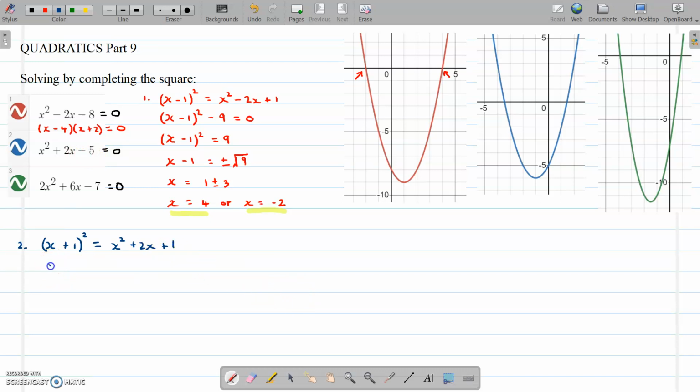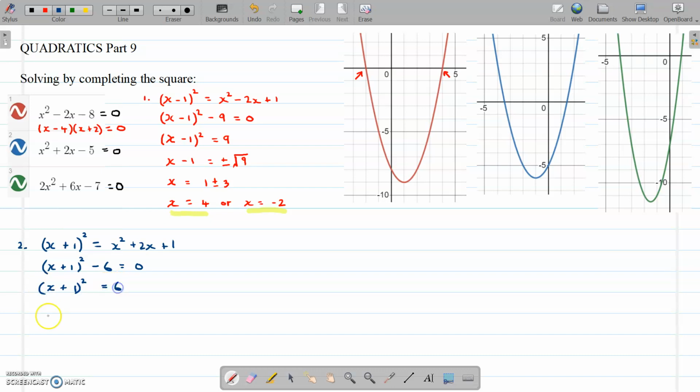So my original equation could be written as x plus 1 all squared minus 6 equals 0. Now I just need to go through the same steps as I did before. Therefore x plus 1 squared equals 6.